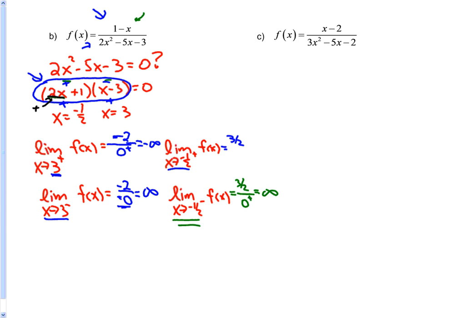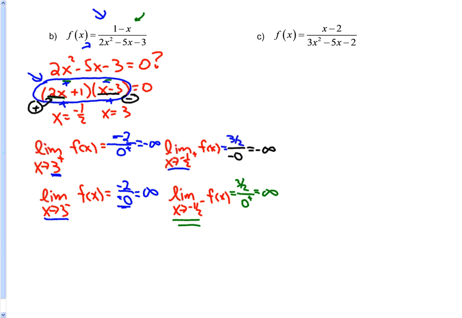So we have positive here, and negative 1/4 minus 3 is going to be a negative. So we have a positive times a negative. That's going to make our denominator approach 0 from the left. So we're going to have very small negatives. So positive 3/2 divided by very small negative is going to be negative infinity.